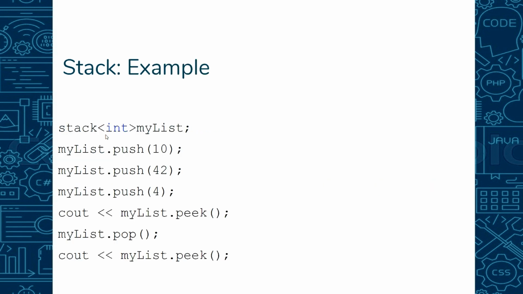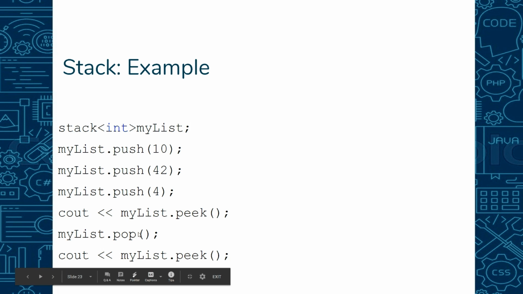So here's how it would work. I've got my stack. I could say my list.push, and it would add these values on. If I do a peek, it's going to show me the top value in my stack, so that would be 4. If I pop, it would remove the top value from my stack, so 4 would be gone, and I could peek and see a 42.